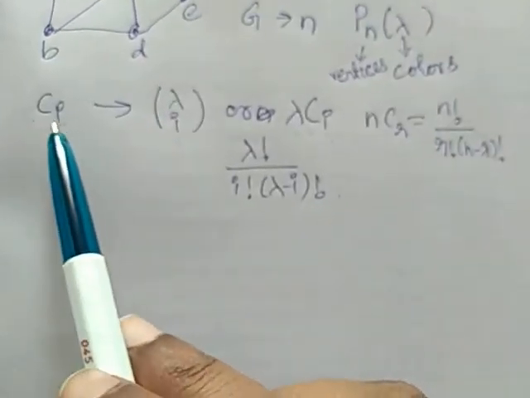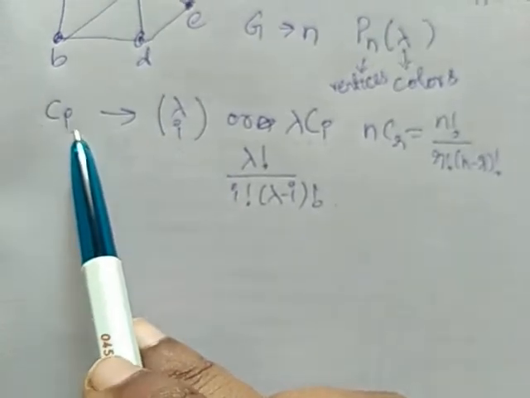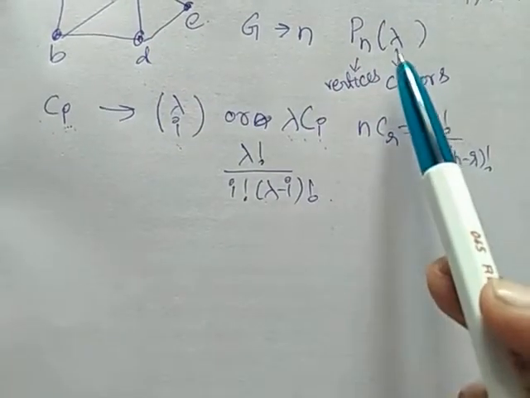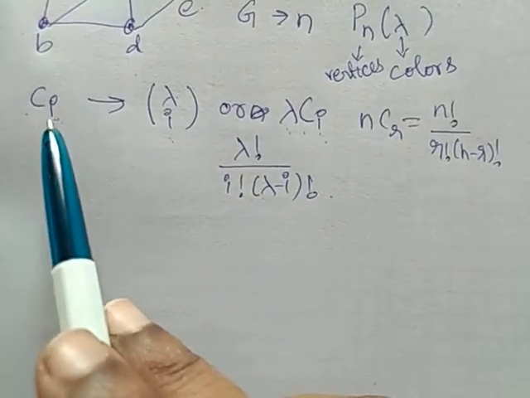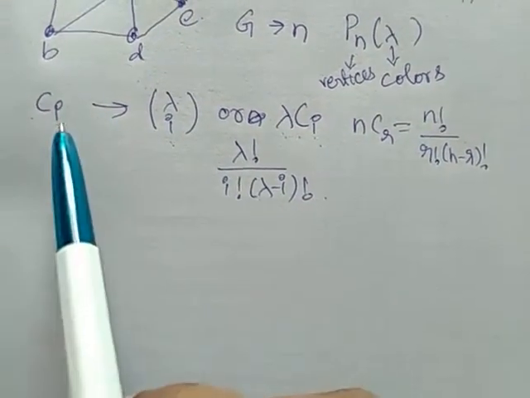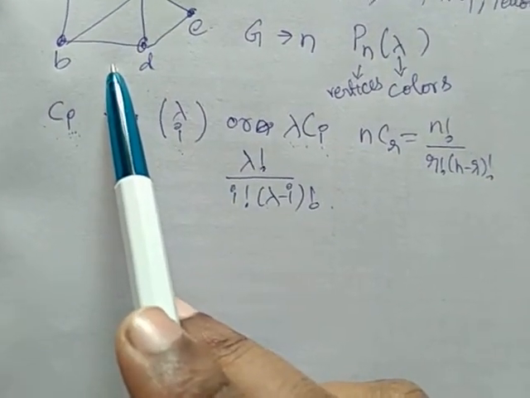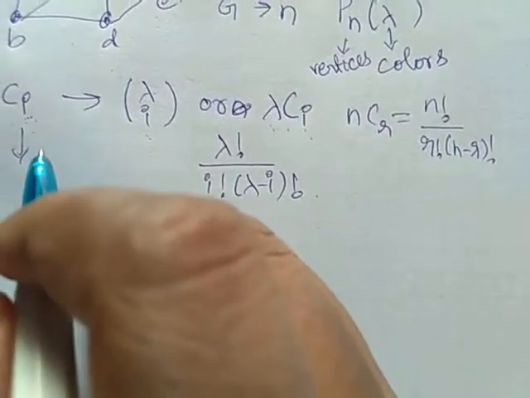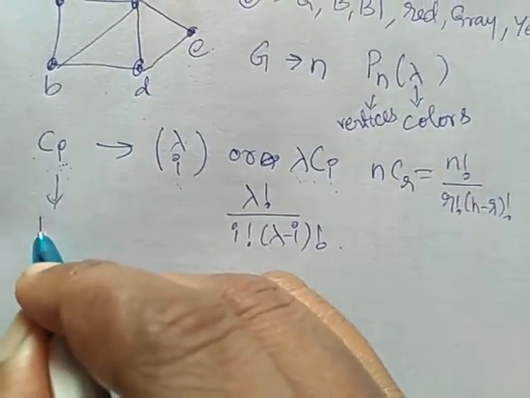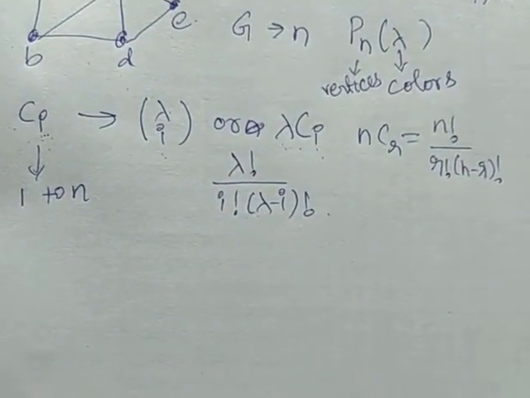And obviously i is a positive number and it may be equal to lambda or less than lambda. Also, using i we can color this graph properly, means i should range from 1 to n. i may be equal to 1 or 2 or 3 or maximum n, and it may not be greater than n.